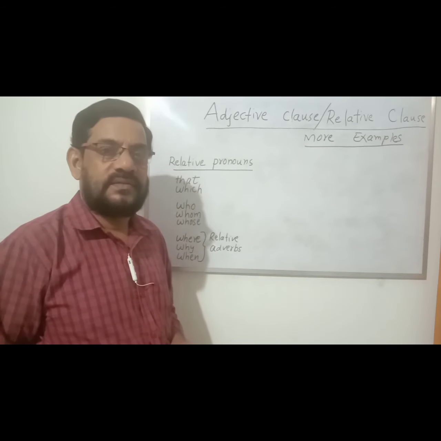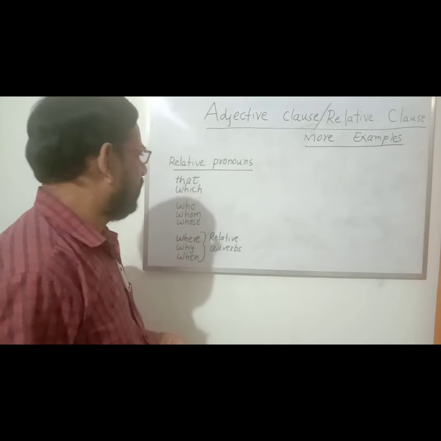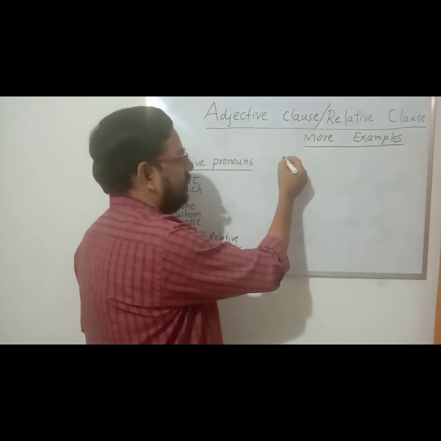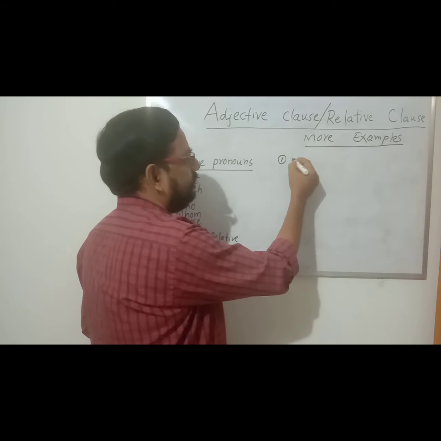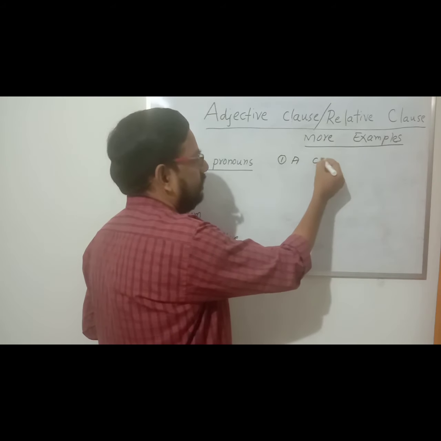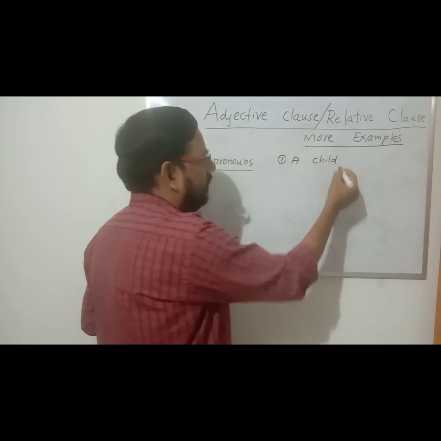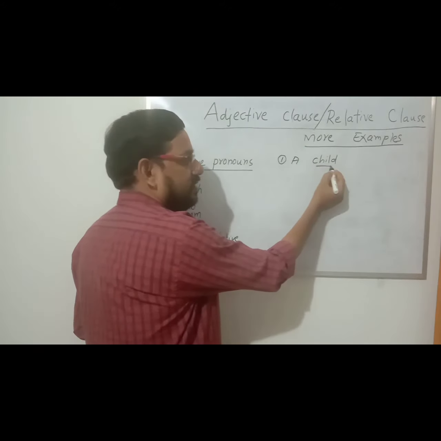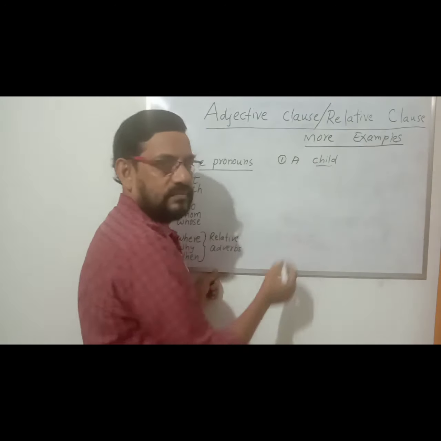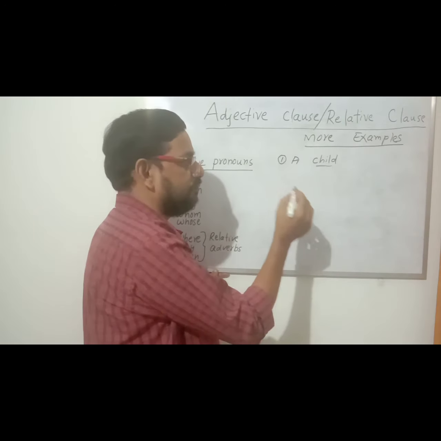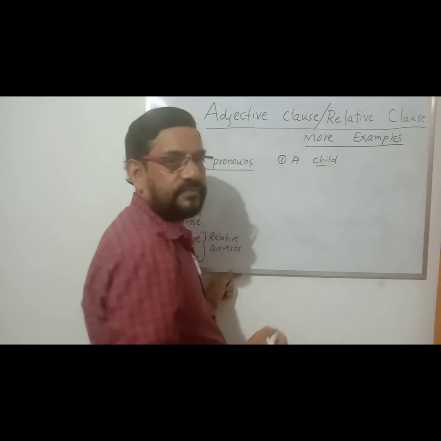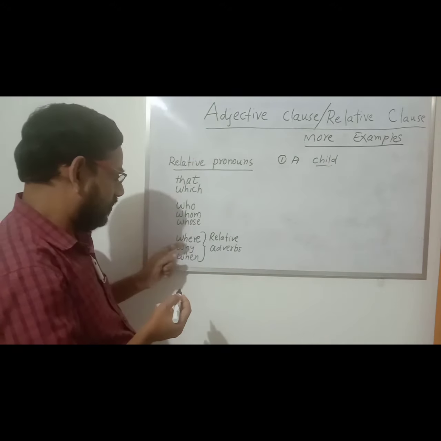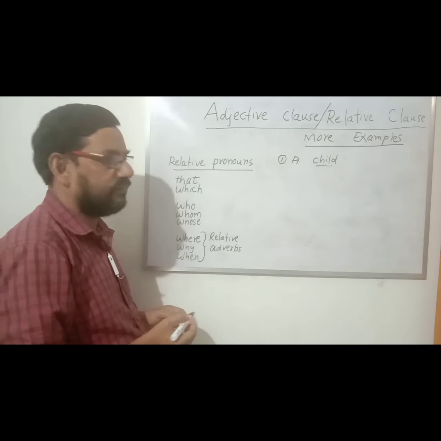Now we can write some more examples. A child. Child is the antecedent. This is a noun. So we have to compose an adjective clause here. For child, what is the relative pronoun or relative adverb we will use?